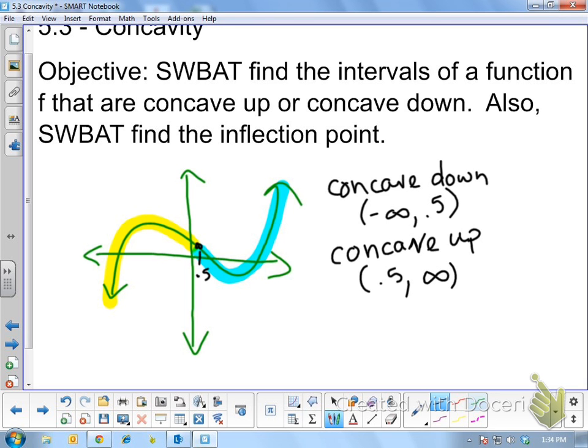And then we would consider the point where it switches our inflection point. So that's what we mean by an inflection point.